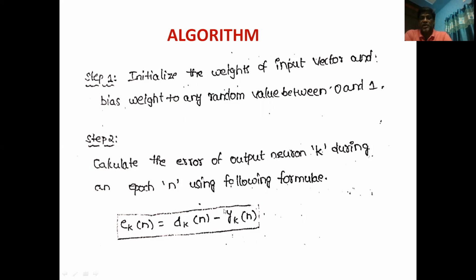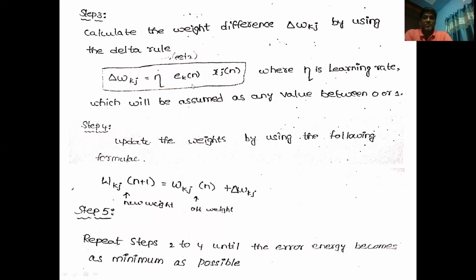This we need to calculate as a sum of product of inputs and weights. In step 3, we'll calculate the weight difference, that is delta wkj, by using the delta rule.